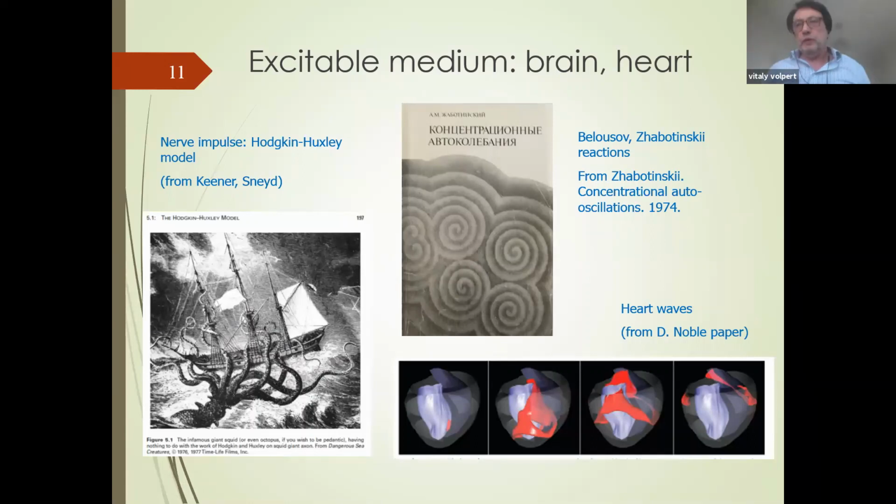Here you see several examples, like the Belousov-Zhabotinsky reaction, a famous reaction discovered first by Belousov in the 50s, then repeated by Zhabotinsky in the 70s. These are oscillating reactions. And in biological applications, there are waves in the heart tissue or waves in the brain tissue, also very well known and very interesting questions.